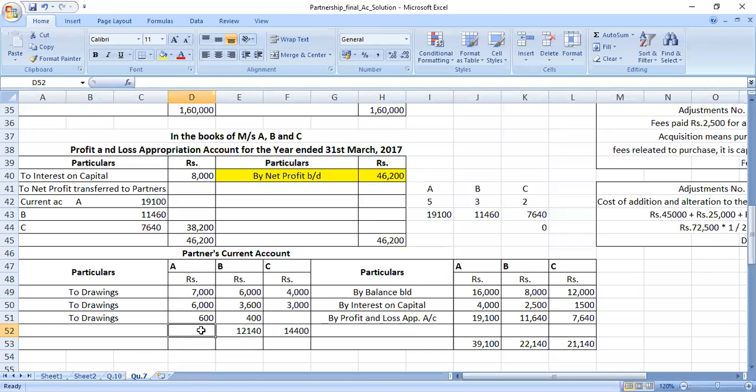Then 39,100 minus 7,000 minus 6,000 minus 600. So it is 25,500. And the total 39,100, the same total we have to keep, 22,140 and 21,140.